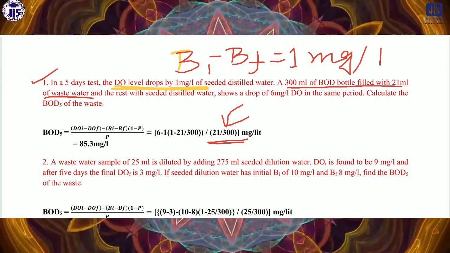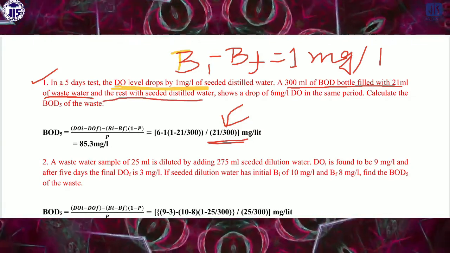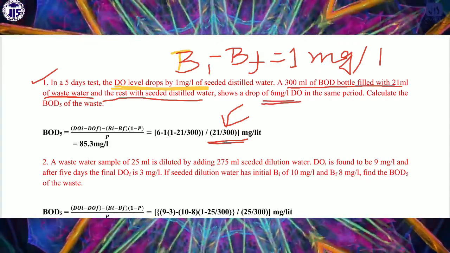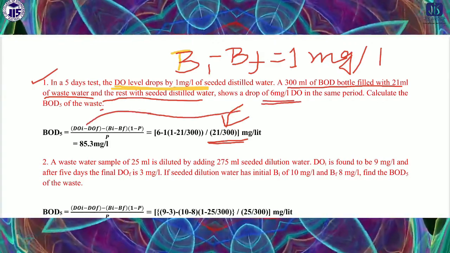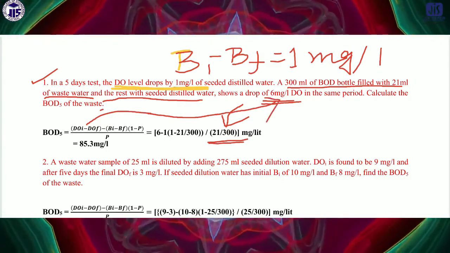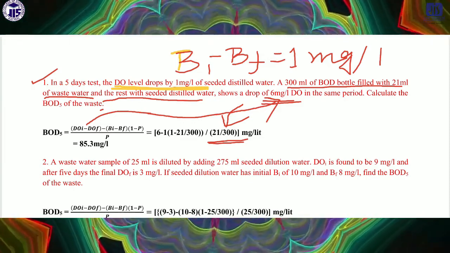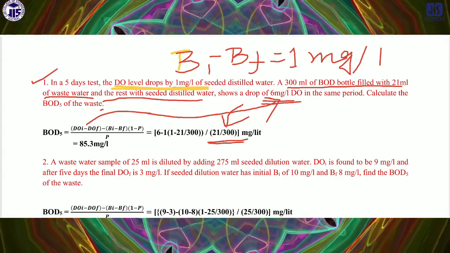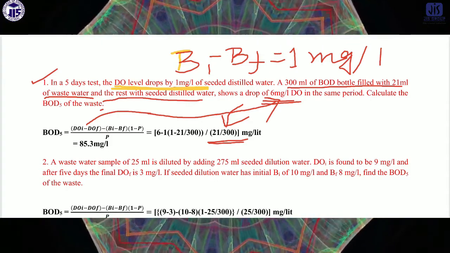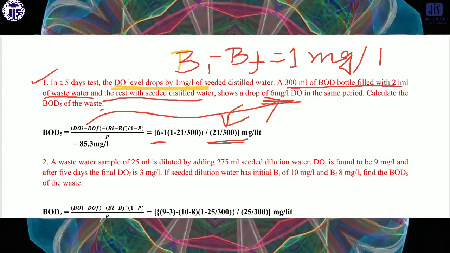Okay, now the rest with seeded distilled water shows a drop of 6 milligram per liter. That means Di minus Df will be 6 milligram per liter.